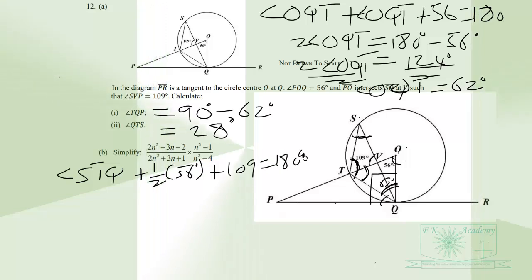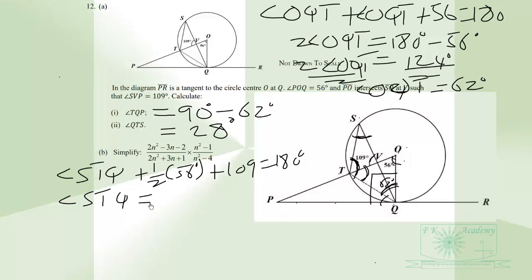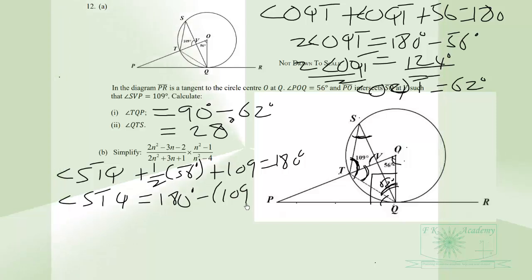So if that is the case, angle STQ should be equal to 180 degrees minus 109 minus 28.